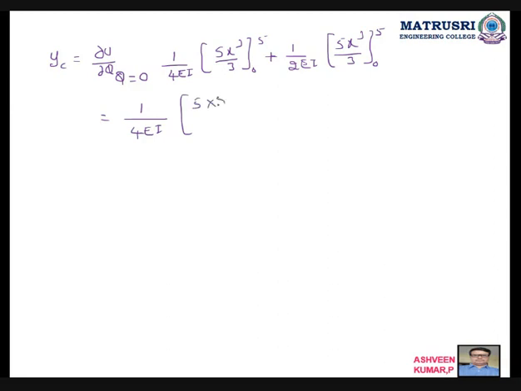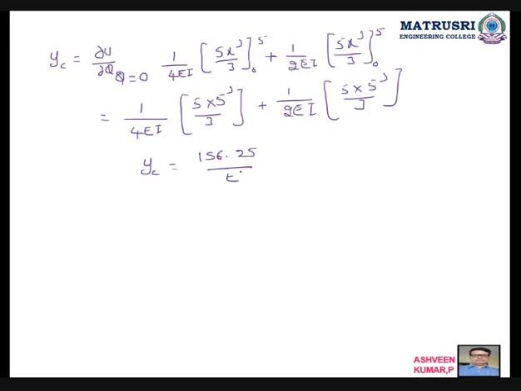So 5 into 5 cube by 3, plus 1 by 2EI, 5 into 5 cube by 3. Then if you do the calculation, we get here 156.25 by 3.